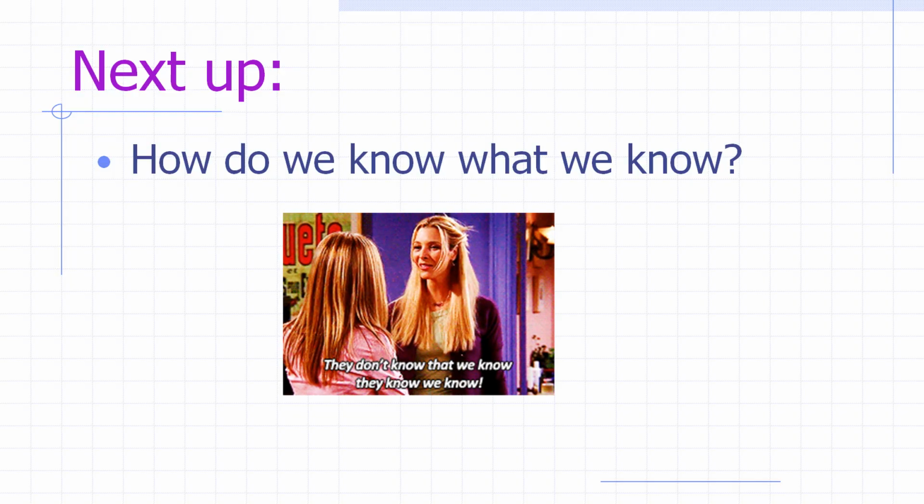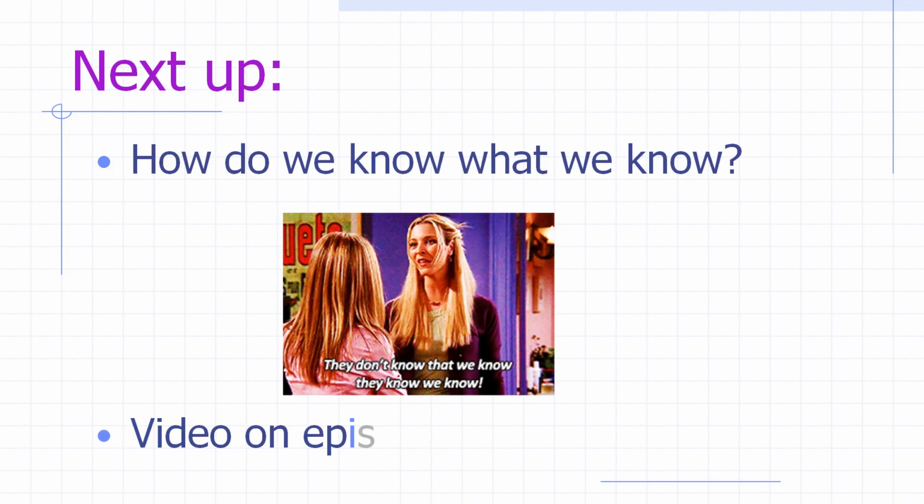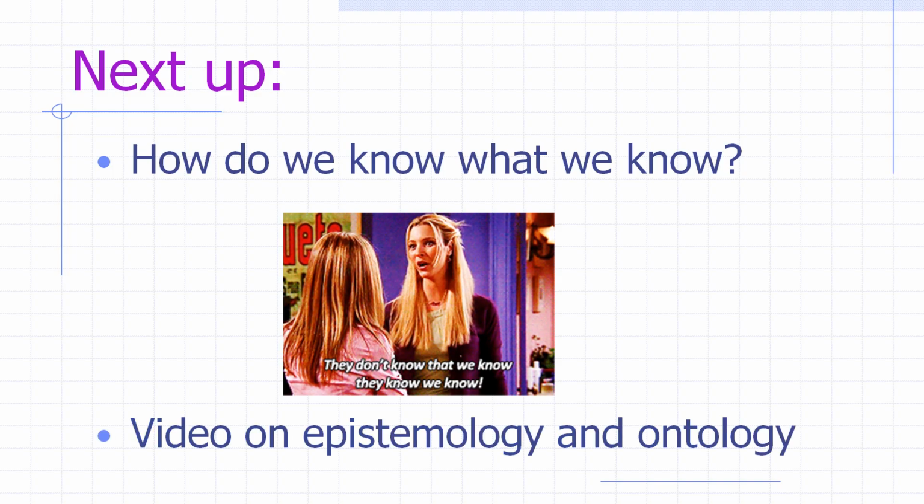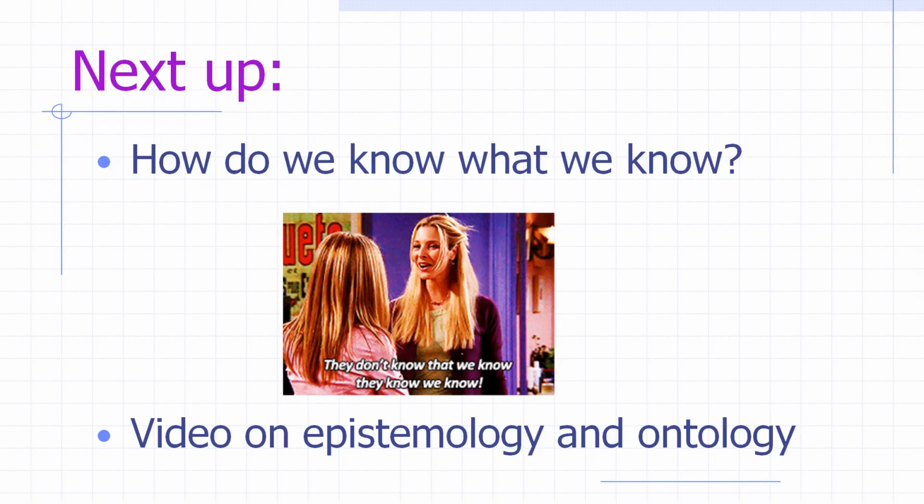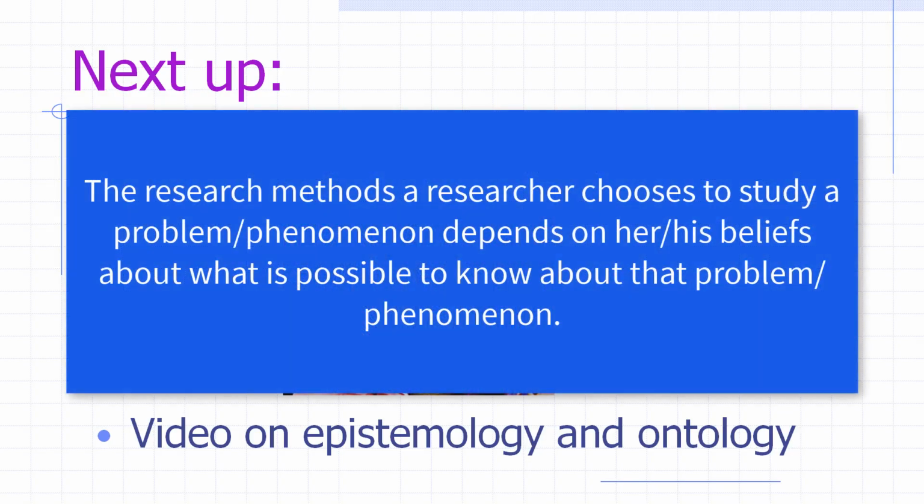And I know that's what it sounds like, but it's actually pretty straightforward. And I promise it's on the video on epistemology and ontology. I break these concepts down. I know those are very fancy big words, but I go over essentially how the research methods that we picked to understand something have to do with our belief systems on what we can actually know about that phenomenon.